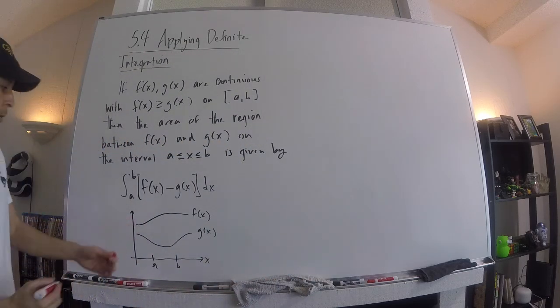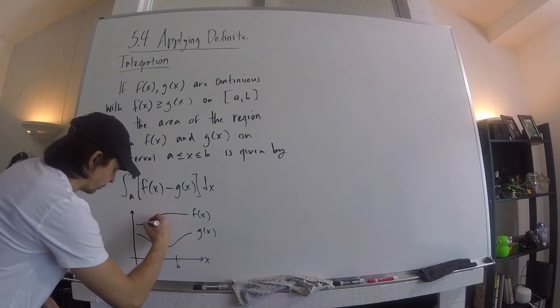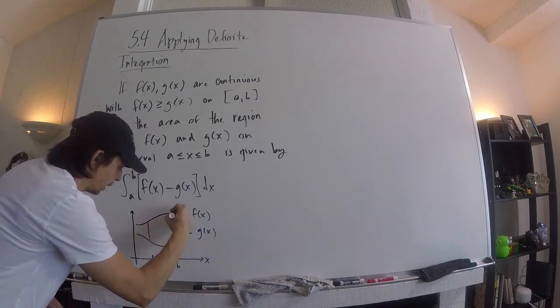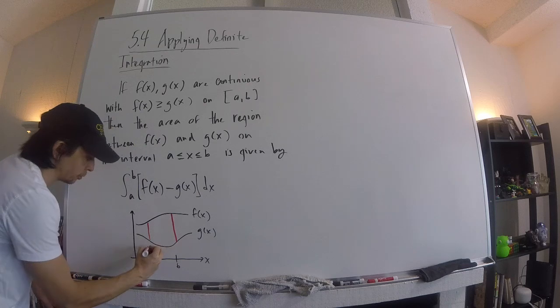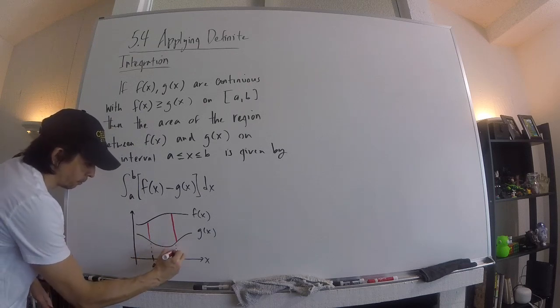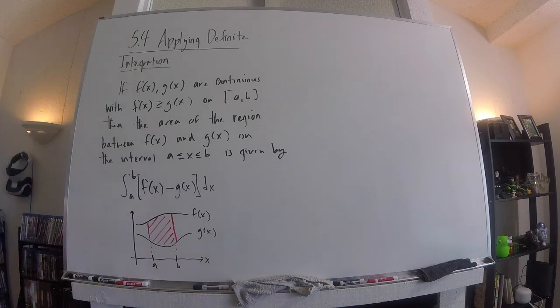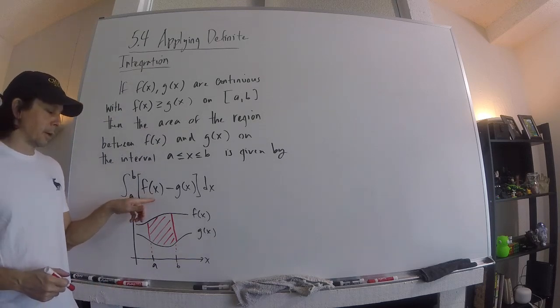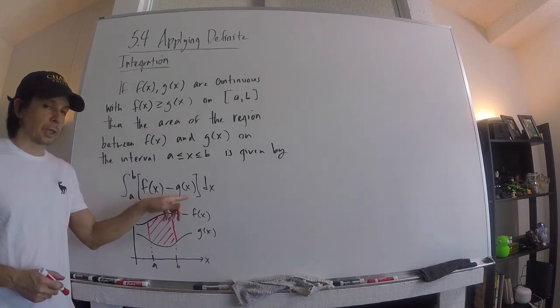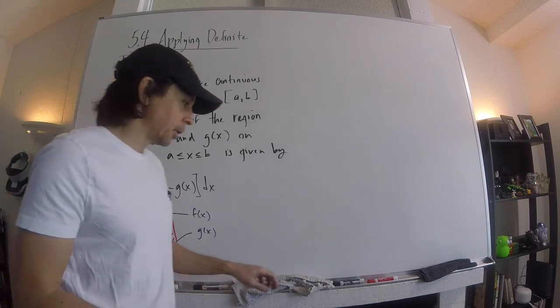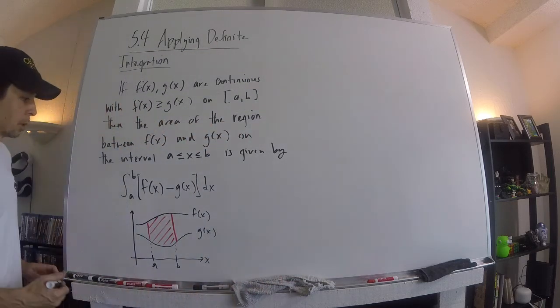The idea is we want the region between f and g from a to b. So we want that region there. And all you're going to do is make an integrand by subtracting the upper curve minus the lower curve. That's going to be a common notion in the future, upper curve minus lower curve.